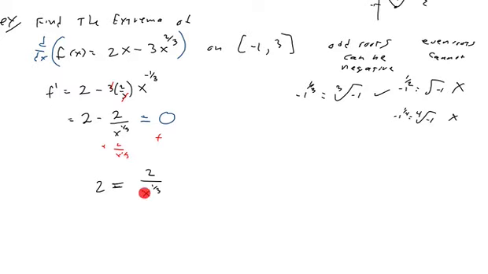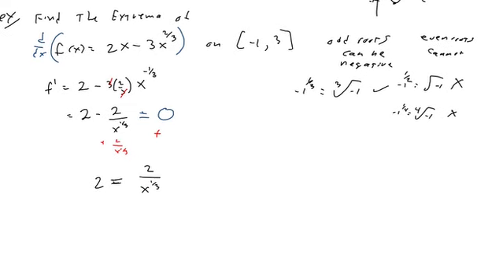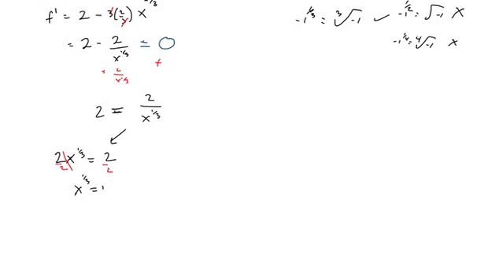If I take this x here, multiply it on both sides, get it to the top on this side, and then this 2 I divide, move it to the bottom on this side, I'm going to get 2x to the 1/3 power equals 2, and then divide by the 2 on both sides. So I'm going to get x to the 1/3 equals 1, which is just x equals 1.